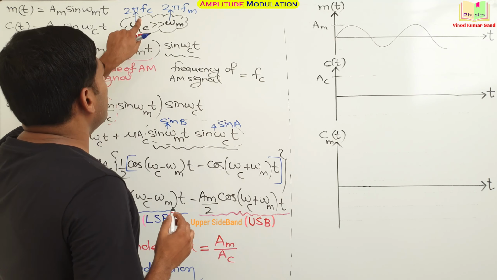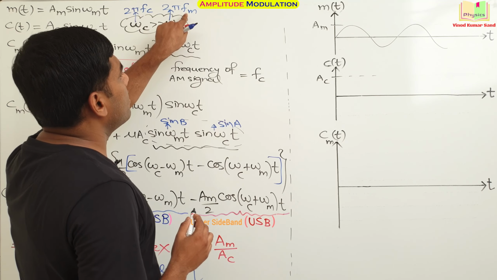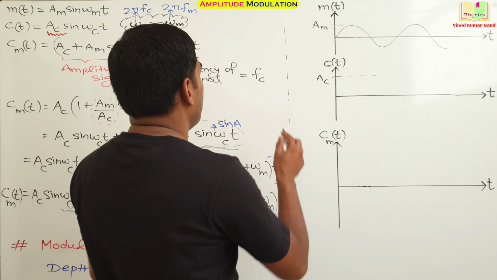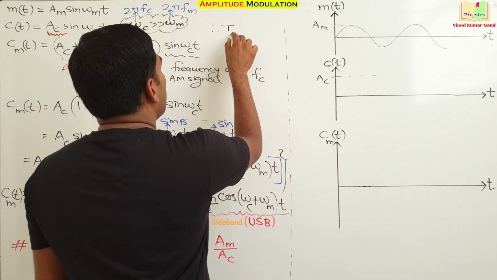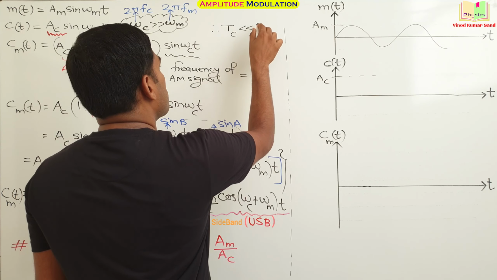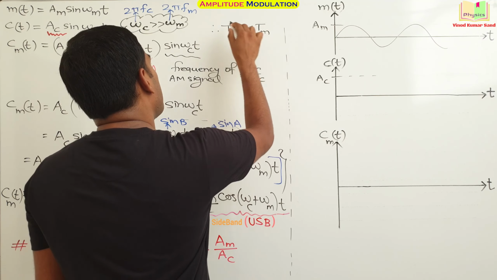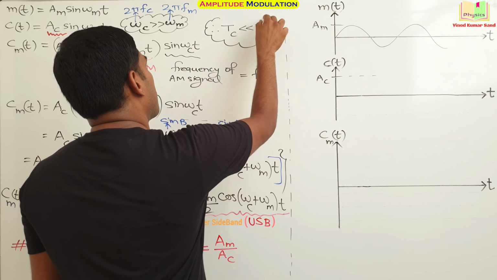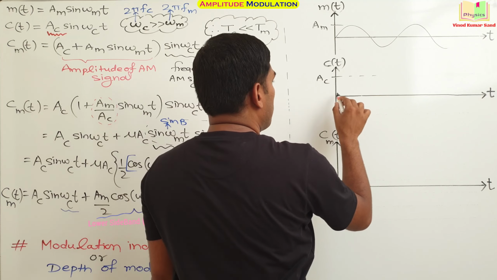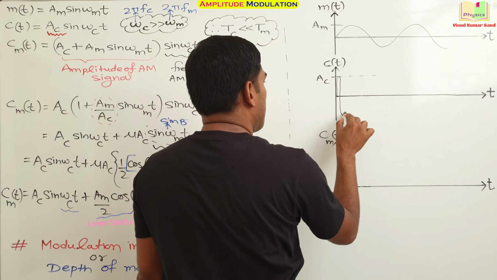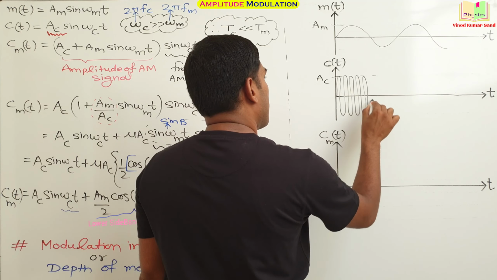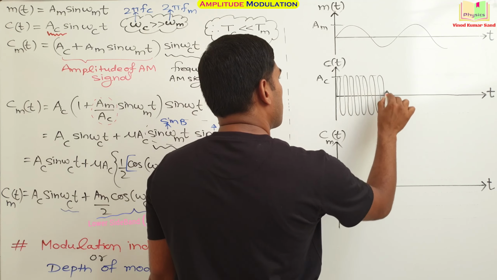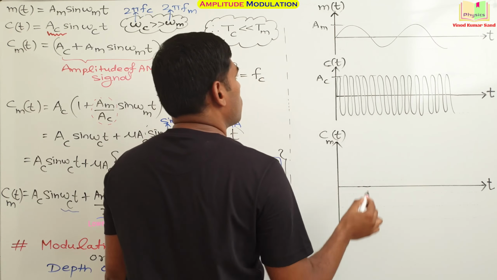And since the frequency of carrier is much greater than the message signal, it indicates that time period of the carrier will be much smaller as compared to the time period of the message signal. So while plotting it, we need to take care that time period of the carrier will be very less as compared to the message signal. Okay, pay attention.